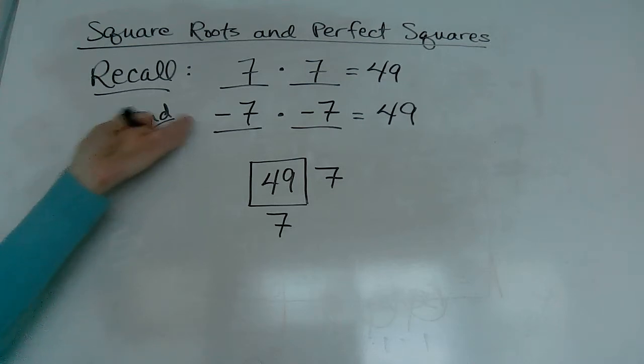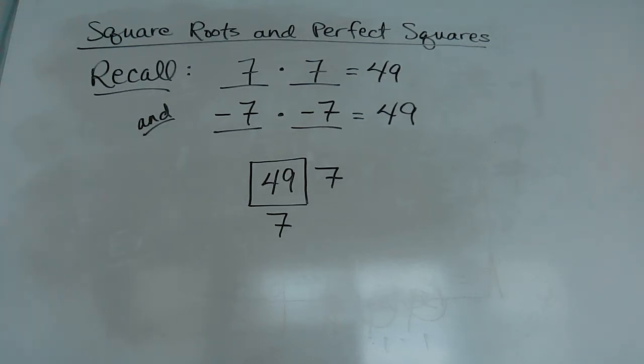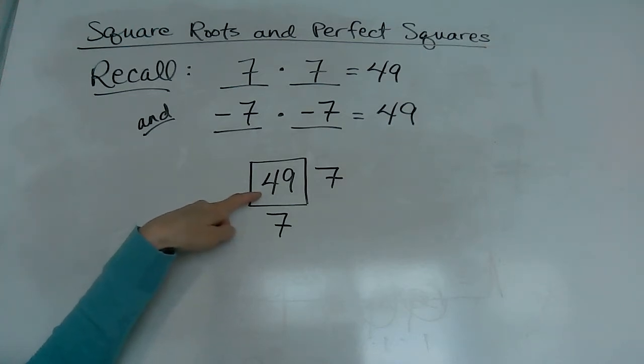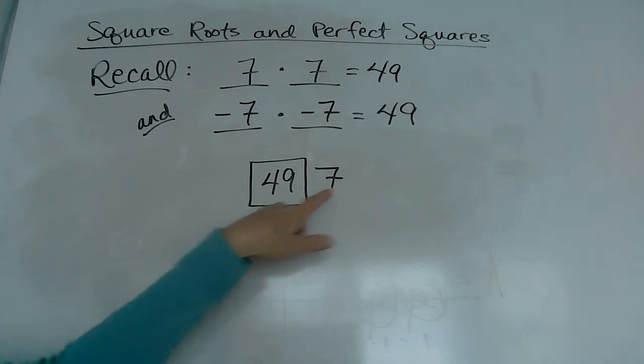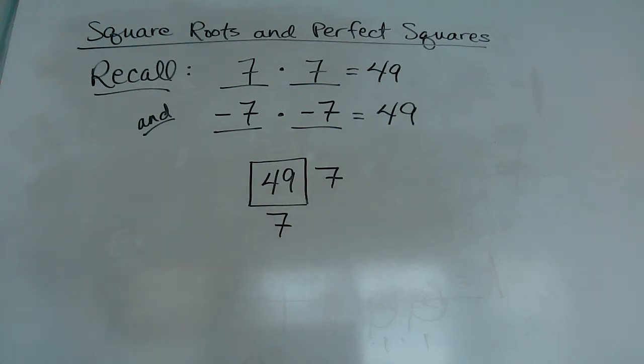Now, obviously, we can't talk about that with negative numbers because negative numbers do not represent distance, they represent direction, and we don't really use that when we're talking about shapes like squares and rectangles. So what we have is a perfect square, 49, because 7 times 7 gives us 49.